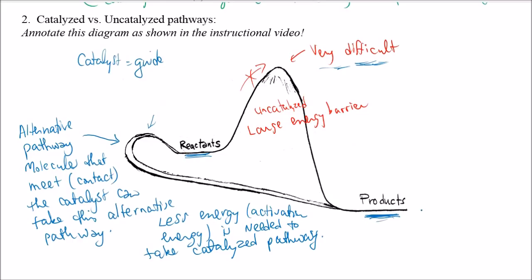If we talk about human populations, mountain climbers could go over the top of this high mountain, but mountain climbers are very rare in the population. Whereas this would be like the paved route, wheelchair accessible. Anybody can do this pathway here, the catalyzed pathway, and that's a reasonable way of looking at a catalytic pathway.